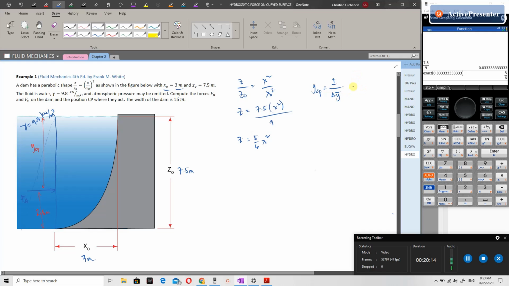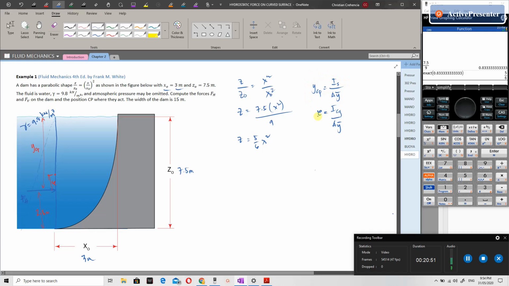The distance E, from the middle of the gate, is equal to ICG over area times y bar. So what is our moment of inertia?